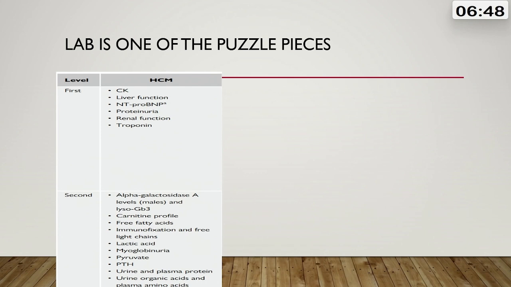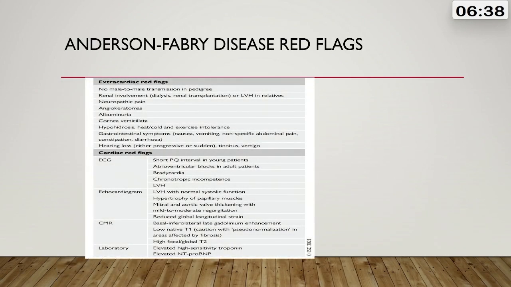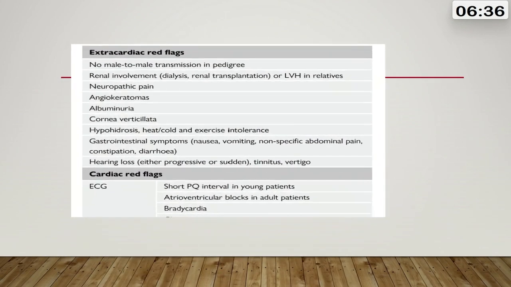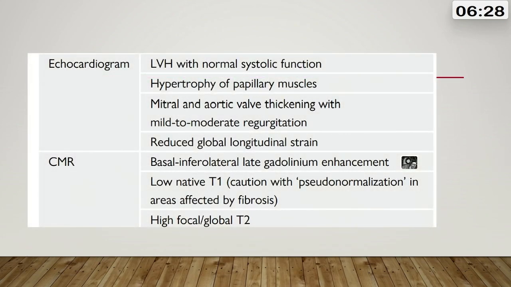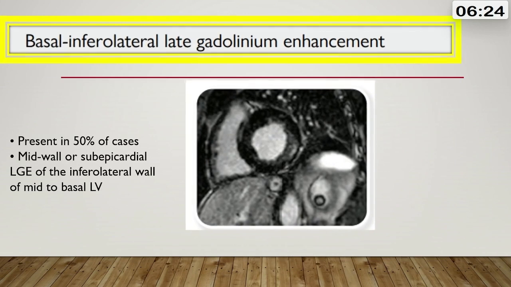There are first-level laboratory tests, and when you suspect an underlying disease, choose the specific test and send it to the lab. For example, in Anderson-Fabry disease, there are extra-cardiac red flags. So you are approaching the patient step by step, echo, then CMR.